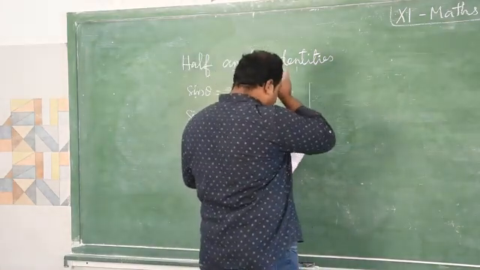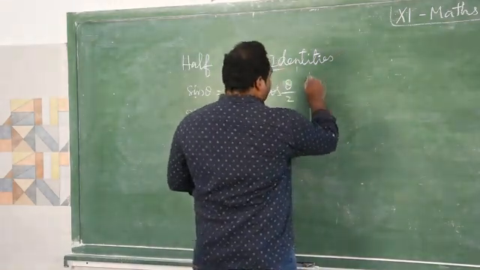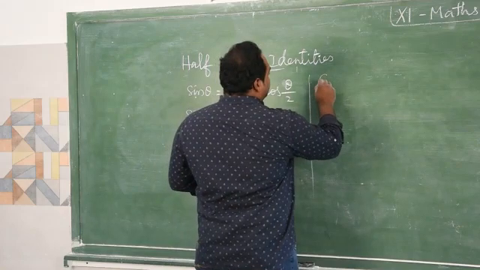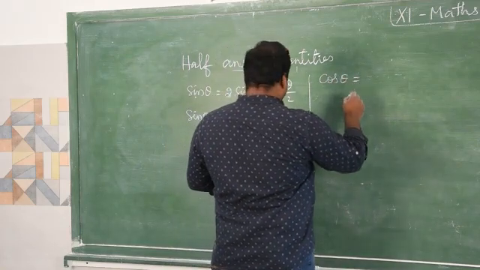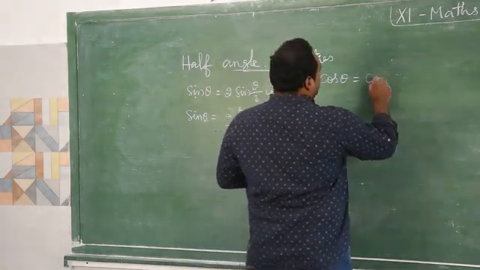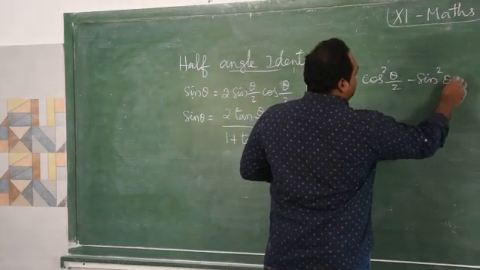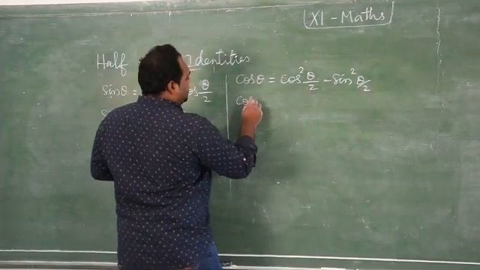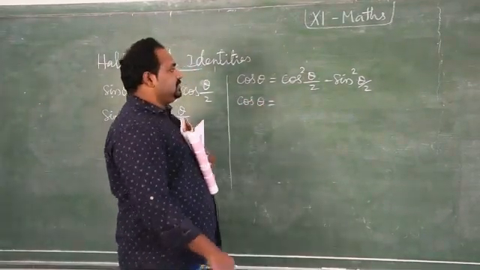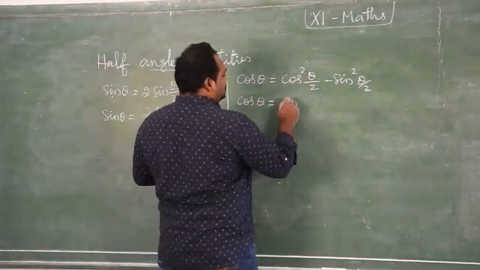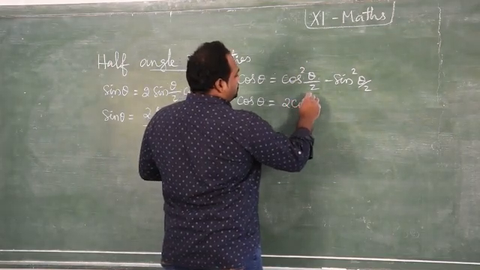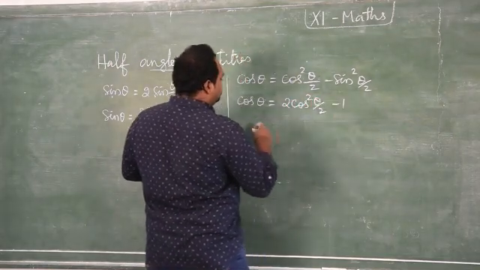Next, for cos, we have further formulas. Cos theta can be written as cos square theta by 2 minus sin square theta by 2. Again cos theta can be written as 2 cos square theta by 2 minus 1.